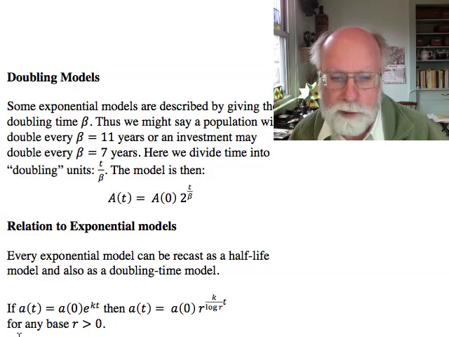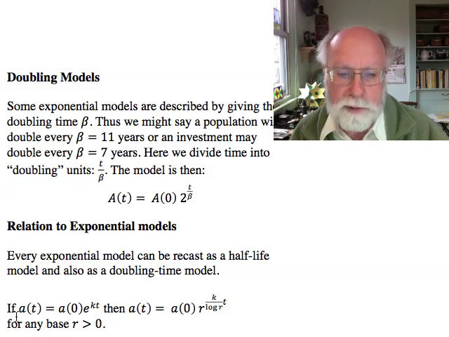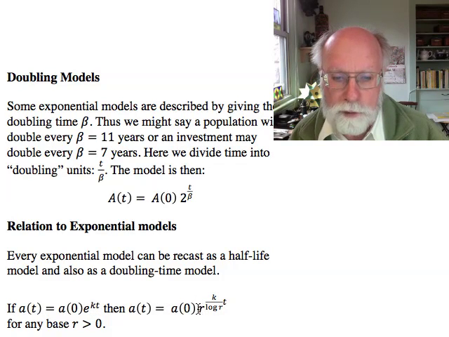So we can change the base to any other r that's positive as long as we change k by dividing it by the logarithm of r. And this means that this same function can be represented as an exponential function with any base that's positive, but simply by changing the constant in front of the variable t here.